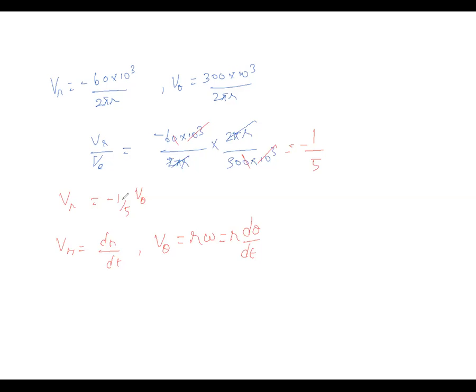So if you substitute these in this correlation, you have dr by dt equal to minus 1 by 5 r into d theta by dt. So the dt will be cancelled. If you separate the variables, we can get dr by r equal to minus 1 by 5 d theta.